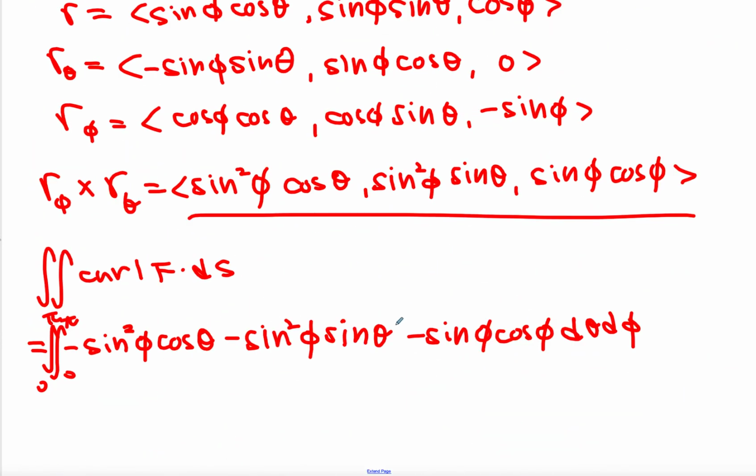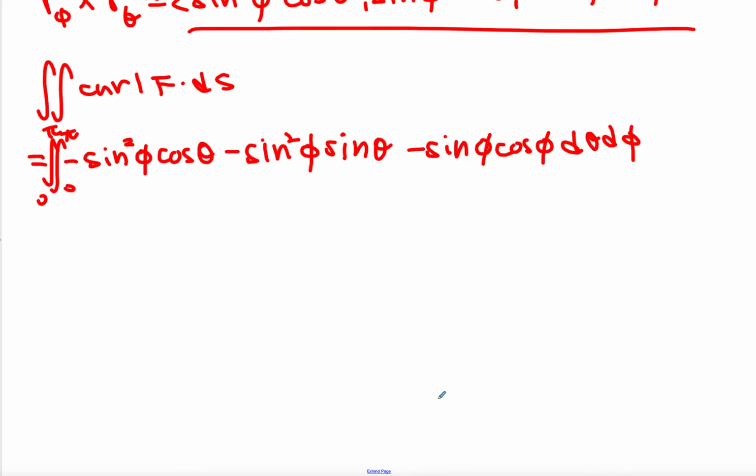All right, so first I need to take the integral with respect to theta. So this one becomes negative sine square phi, and then sine theta.